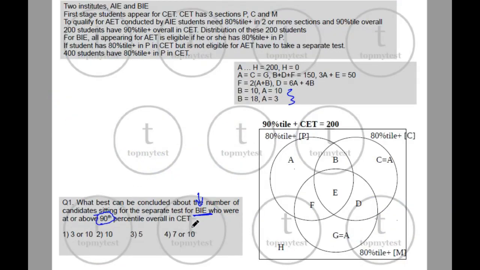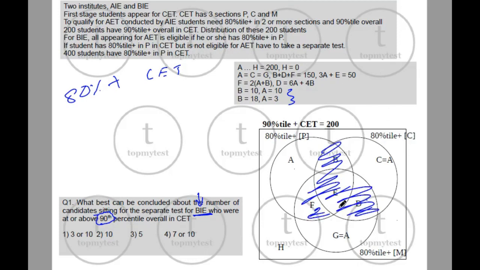So from here, we need people who have scored 80 percentile plus in CET, but did not qualify for AIE. Now AIE are these people, right? So these are the people who qualify for AIE. People who scored 90 percentile overall is the entire region, and from this, if I take out this 80 percentile plus, this will be the people who will be eligible for BIE.